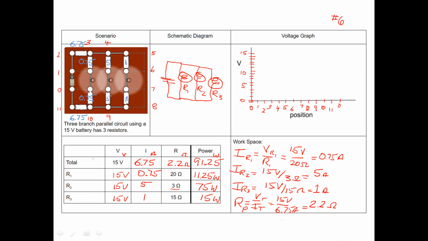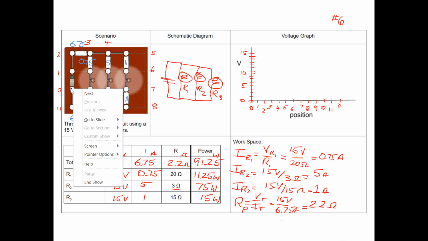Let's take a look at the voltage here. Right here, we have a 15-volt battery. I think I'm going to pick black for these. That'll help us see these. Hey, this is going to be a little bit boring. I got 0 volts over on this side.